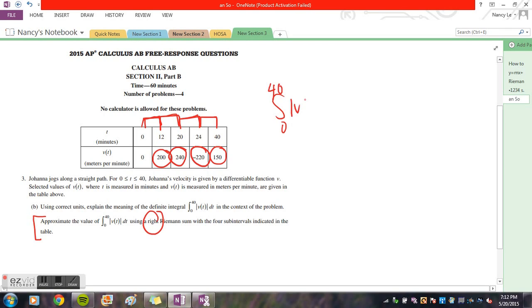So the integral from 0 to 40 of the absolute value of v of t dt can be approximated with a right Riemann sum.